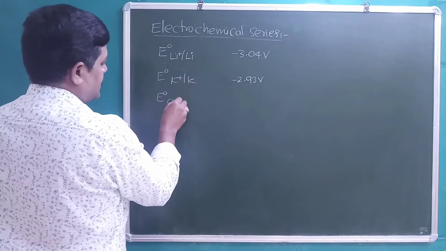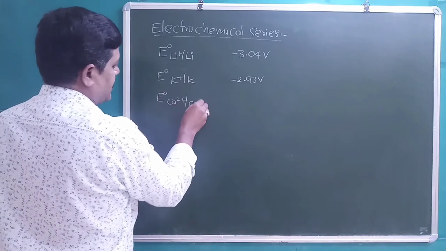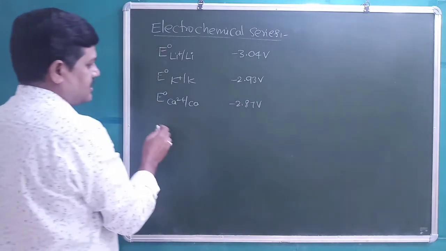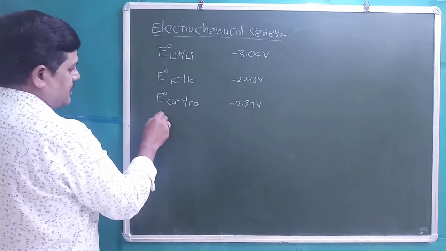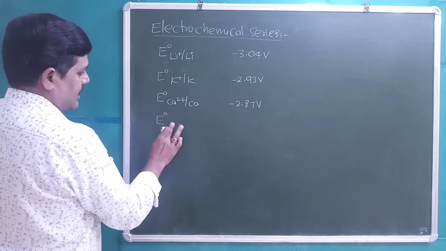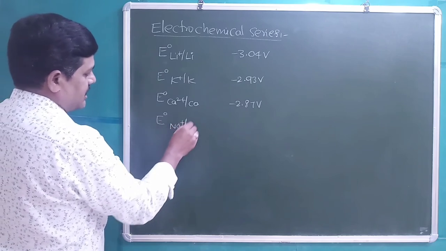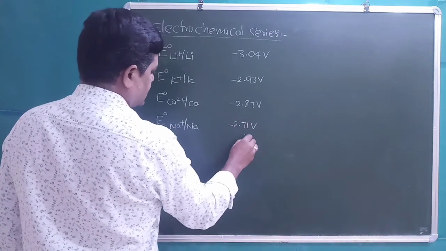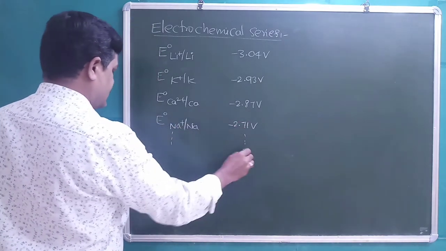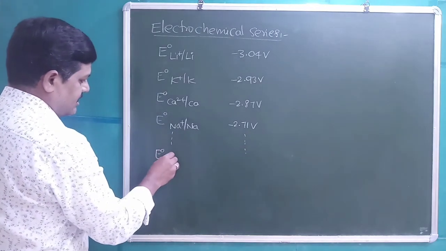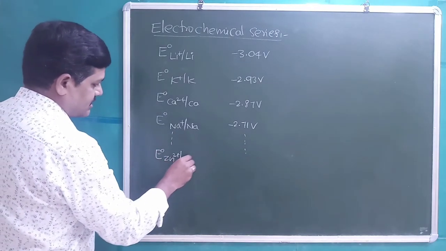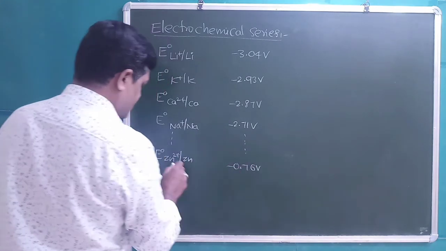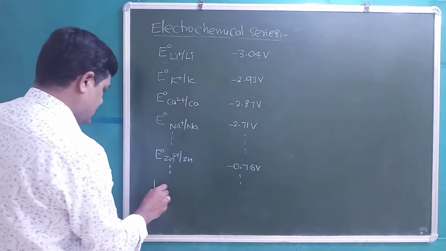E naught Ca2+/Ca is minus 2.87, followed by sodium, Na+/Na, minus 2.71 volts, and some elements, and then E naught Zn2+/Zn, which has minus 0.76 volts, followed by some elements.